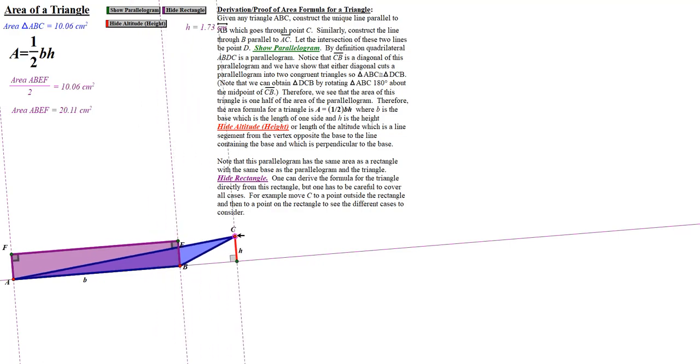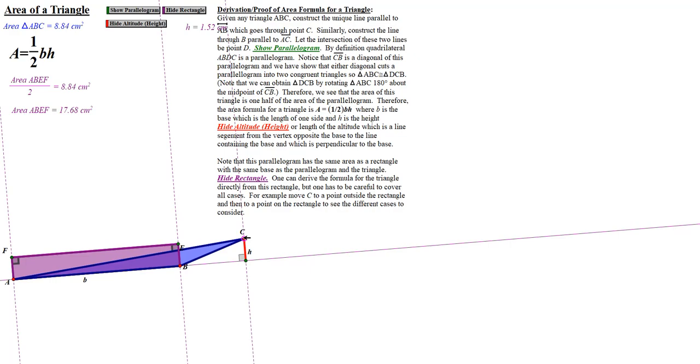Now you got to be a little careful. Okay, what if you put it over here? Got to make sure your proof works no matter what. Well, here's your rectangle now. Okay, now it's maybe not so obvious, right? That this triangle is half the area of that rectangle. So that's really not as good of a proof.